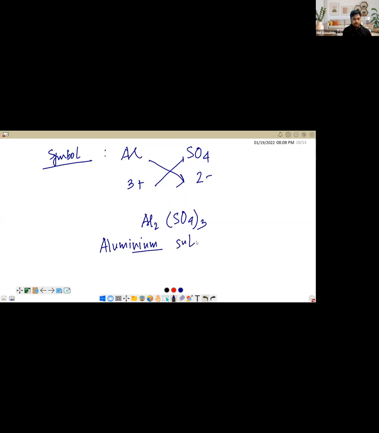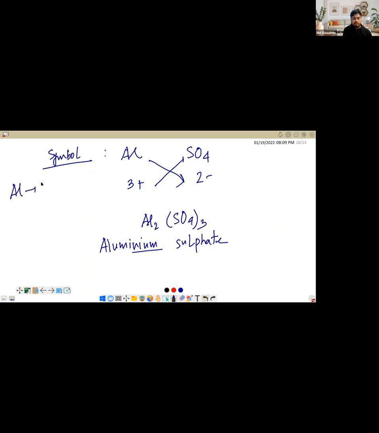Very important thing: ium. What is it? The ending ium means the ions having positive charges are called ium, like ammonium, aluminium. Sir, I'm asking why we have not written Al2 minus and why have we written Al2 plus? Because there is 2 minus. So this is the crisscross method. The rule of writing a formula is that you have to go back.